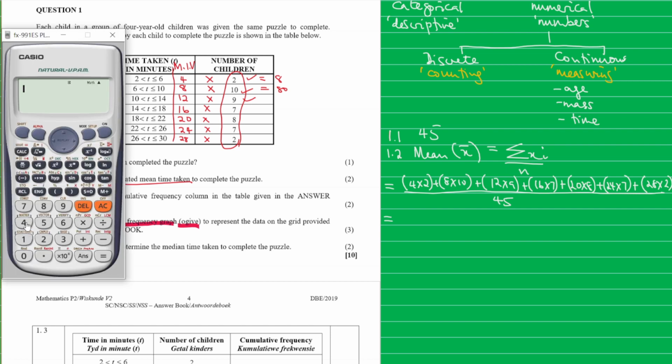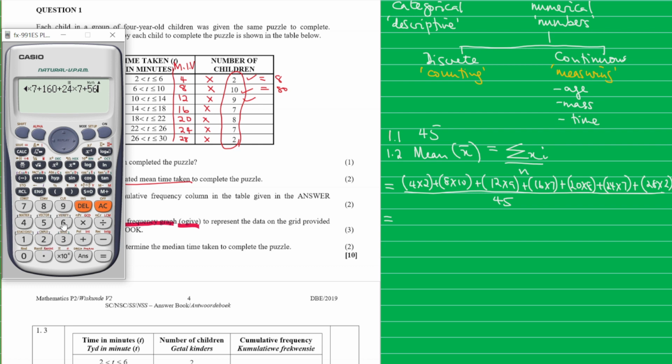So that is 4 by 2 plus 80, that is 8 by 10, that is 80, plus 12 by 9, plus 16 by 7, plus 20 by 8, that is 160, plus 24 by 7, plus 28 by 2, that is 56.